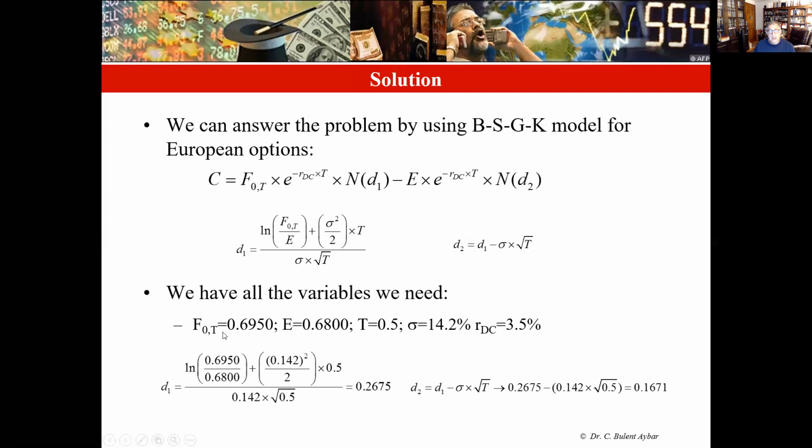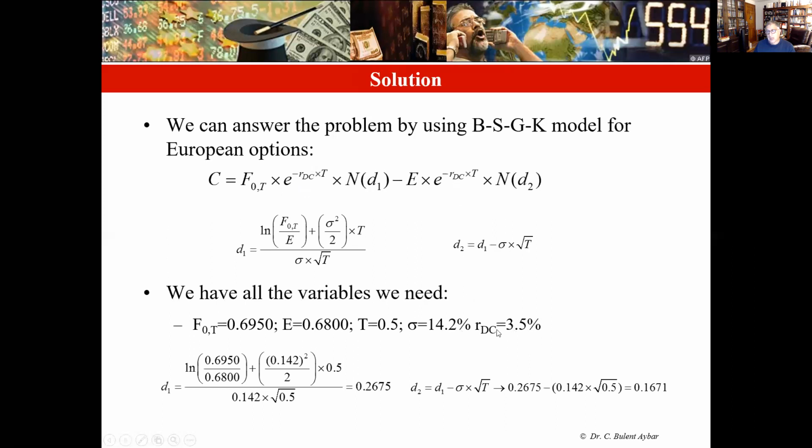So the F0T is given as 0.6950, exercise price given as 0.68, time to maturity is 1/2 year, annualized volatility is 14.2%, and the annualized interest rate is 3.5%. Just one thing to make it clear for you guys, everything that goes into this formula is in annualized terms, and we make necessary adjustments.